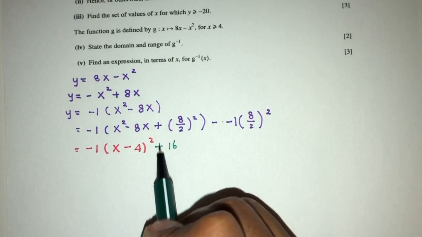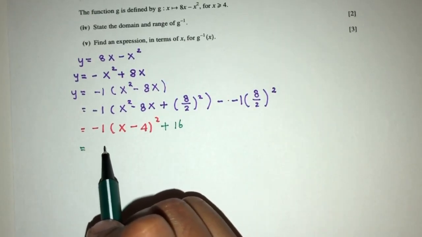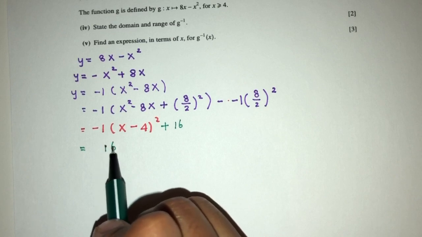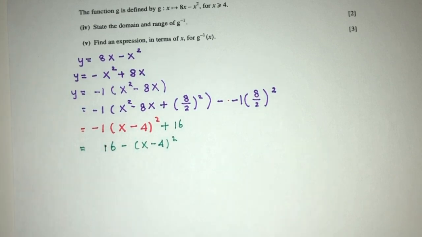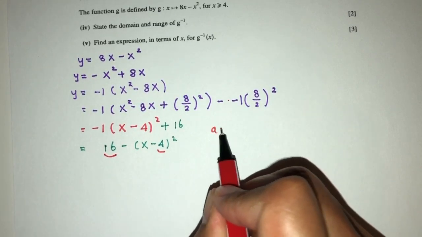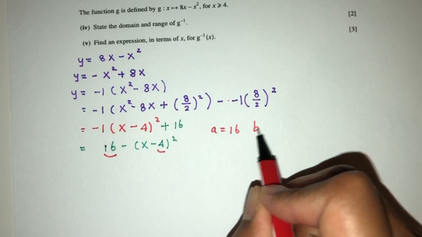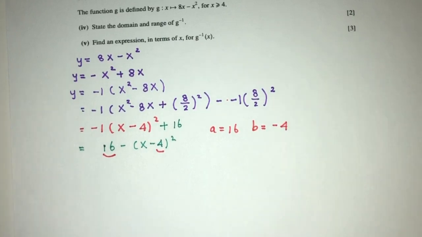Minus minus becomes plus. So by comparison, we have 16 minus x minus 4 squared. This is your value of a, and this is your value of b. So a will be 16, and b will be minus 4, by comparison.